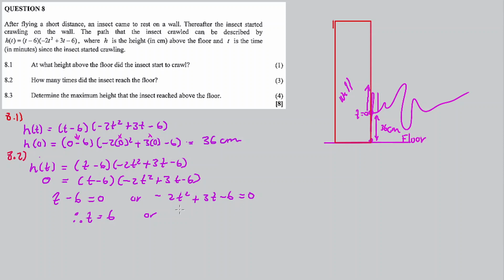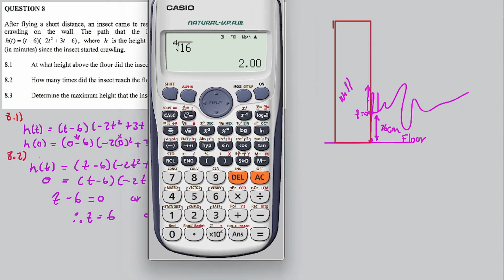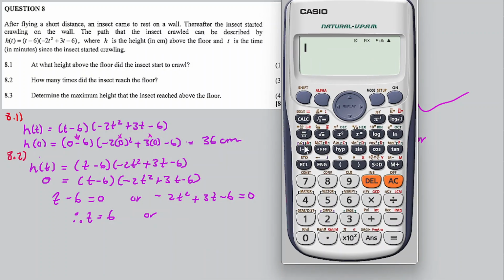Or here, we also need to find its roots. You can use the quadratic formula for this one. So a is negative 2. Okay, the quadratic formula says negative b, b is 3, so it's negative 3, plus or minus the square root of b squared, 3 squared, minus 4 times a, a is negative 2, c is negative 6, divided by 2a, negative 2.